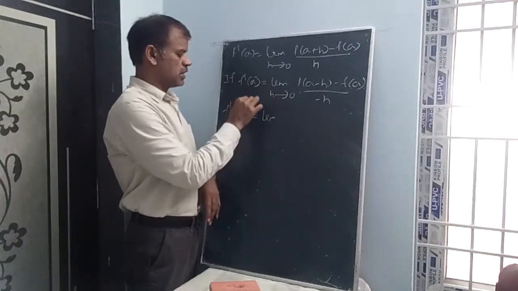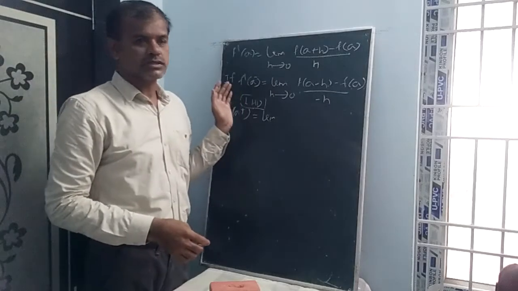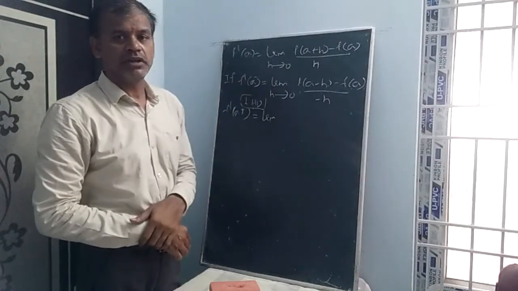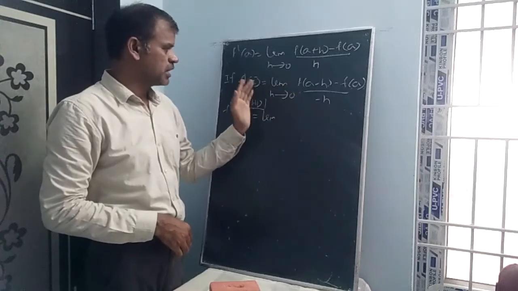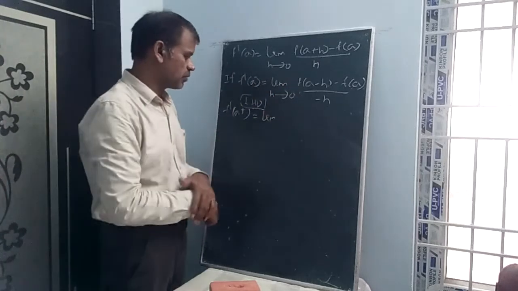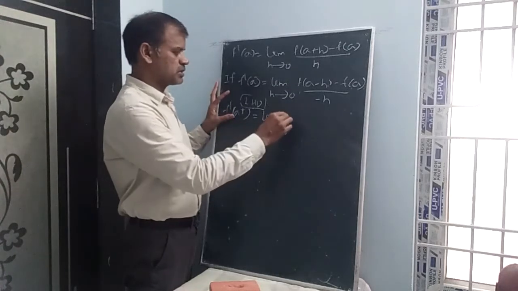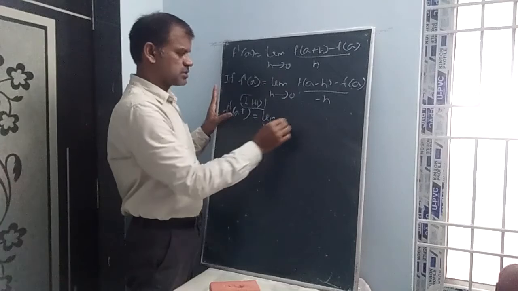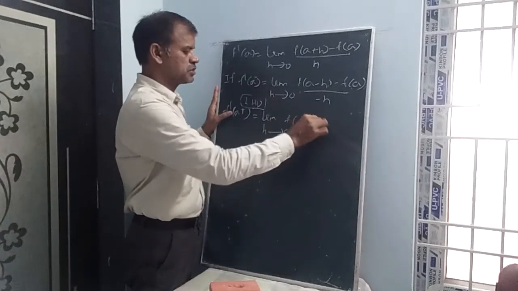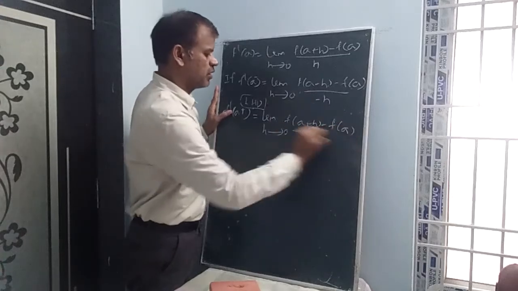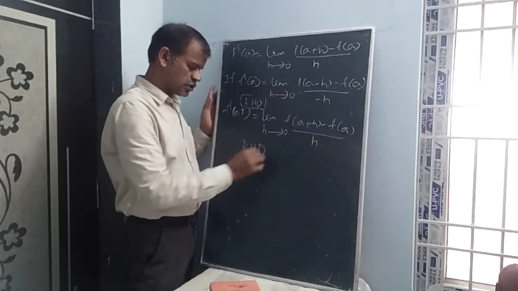This is called LHD, meaning we are calculating the derivative using the left neighborhood of a. And f'(a+) is the limit as h tends to 0 of [f(a + h) - f(a)] / h. This is denoted as RHD.